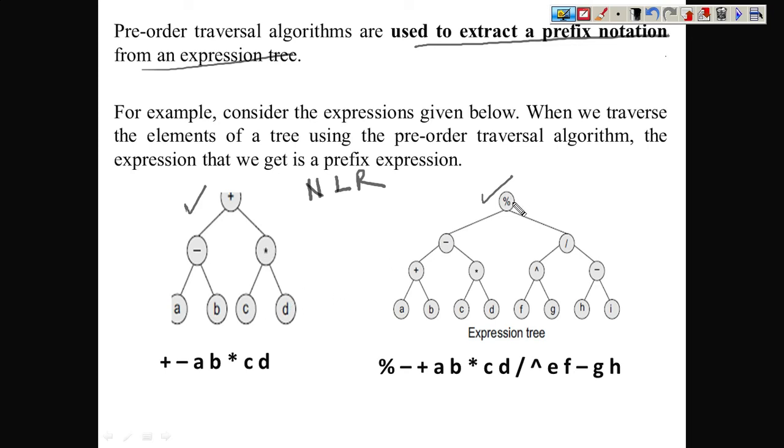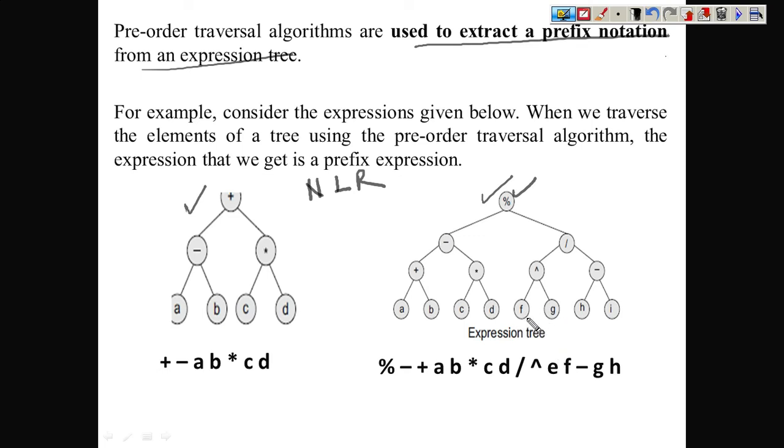Similarly, here this is your root, so divide, and then you find minus. Then again you call the left child, that is the left subtree, plus A B, and then multiply C D, and then you go to the right child, which is a new tree, so divide, and this is a power operator F G. So yes, you have to make some changes here.